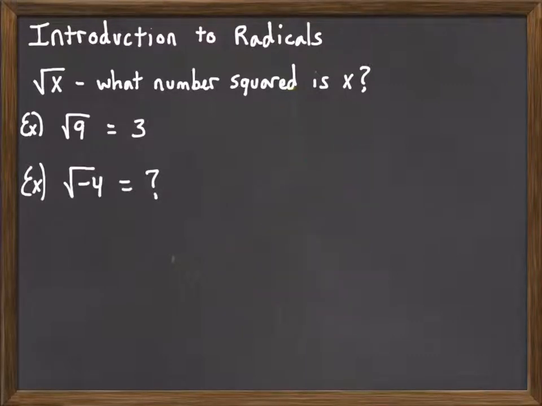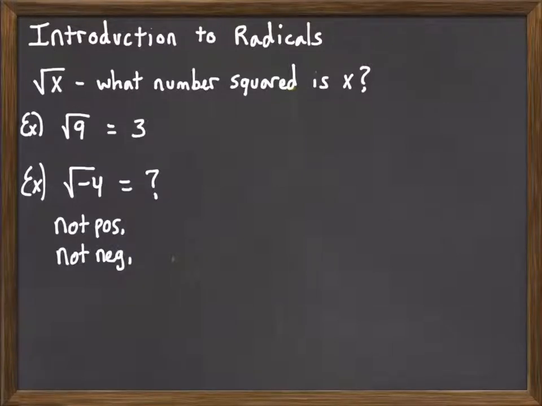As another example, what if we said, let's do square root of negative 4. What number would you multiply times itself to get negative 4? You might want to think about that for a moment. Well, I can certainly say that it can't be a positive number, right? Because if I took a positive number times itself, that would give me a positive number. But wait a moment, it can't be negative either.